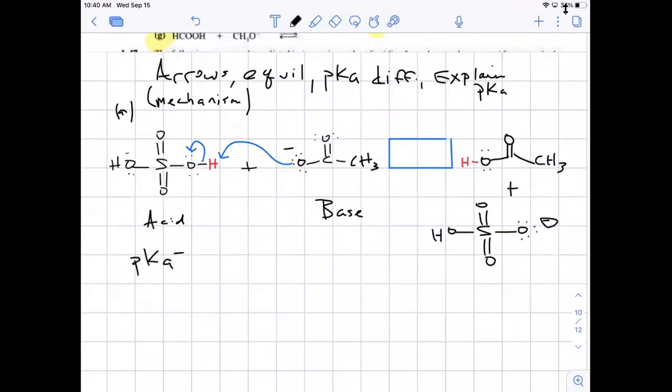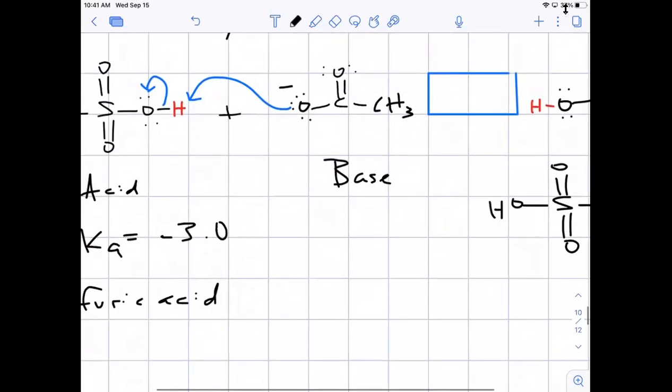Somebody look that up. Should be pretty low, -3. All right, we'll take that, -3. And then what about acetic acid?